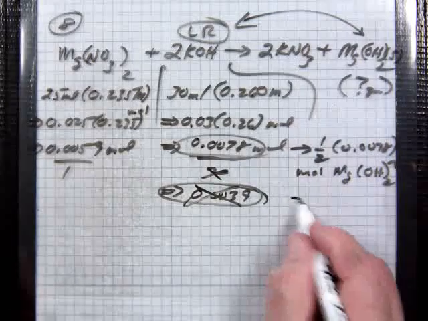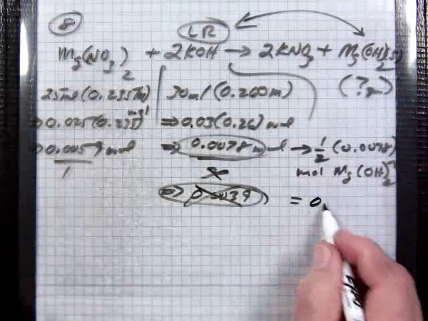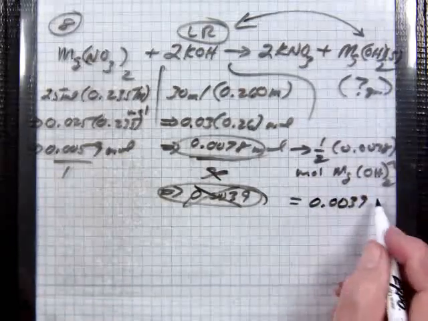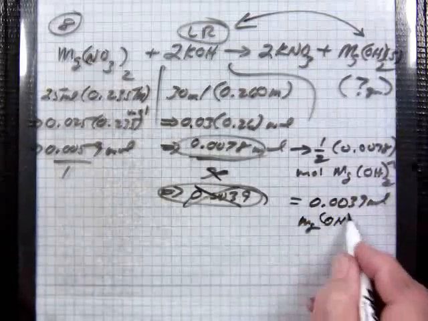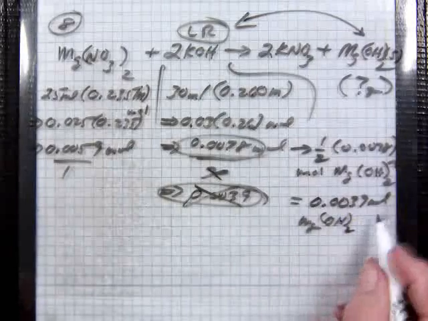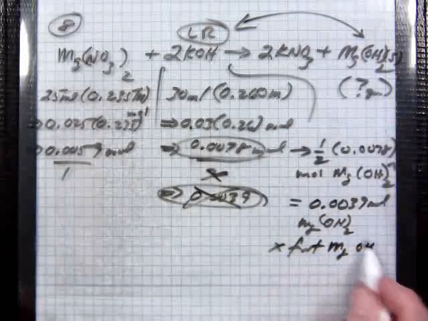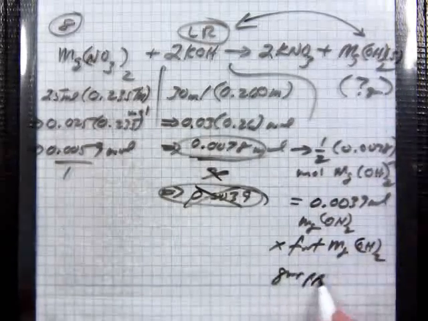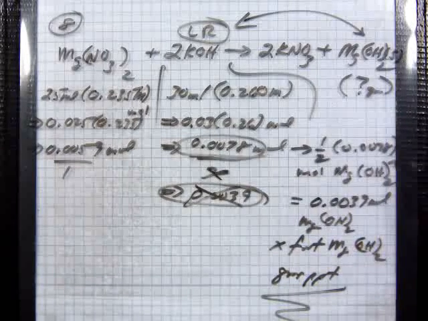And so that's 0.0039 mole of magnesium hydroxide yield, and then times the formula weight of the magnesium hydroxide gives you grams of precipitate. You figure the formula weight by adding up the atomic weights. So hopefully the work we're doing here is starting to make some sense a little bit.